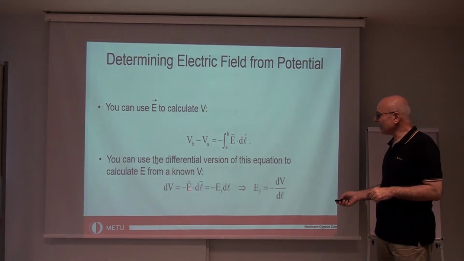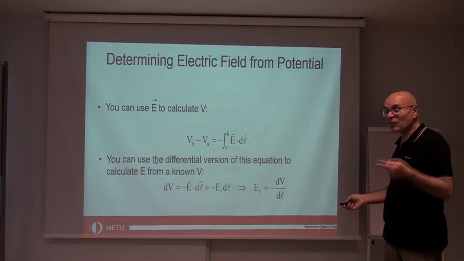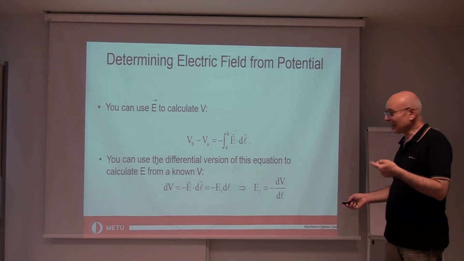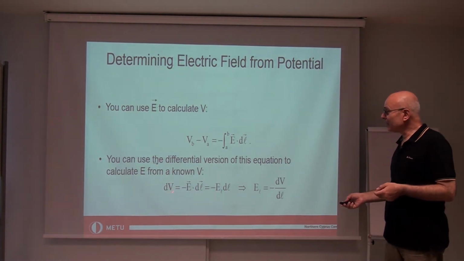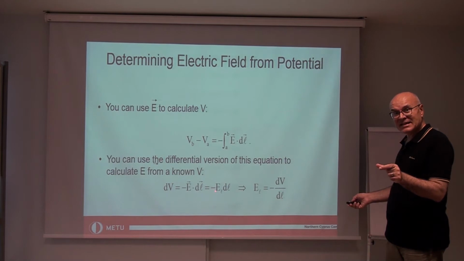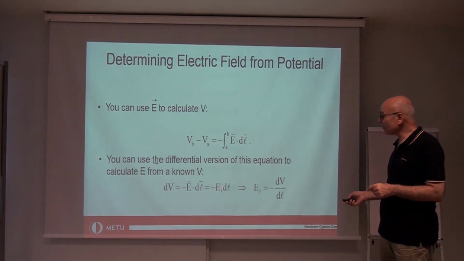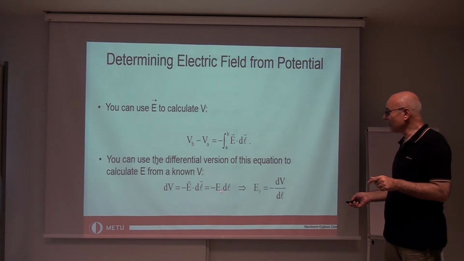Now E dot dl is actually E cosine theta dl, which is the component of E along the direction dl. So let me denote this by E_l. It says that the infinitesimal change dV as you go an infinitesimal distance dl is equal to minus the component of the field along dl, multiplied by the length dl.